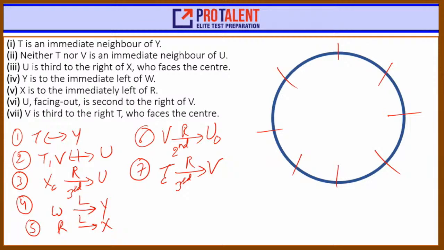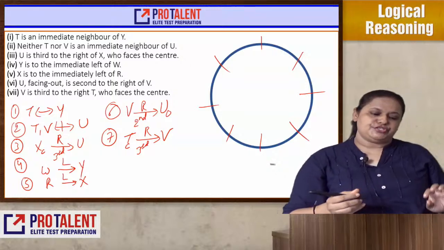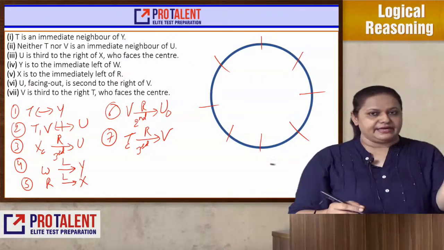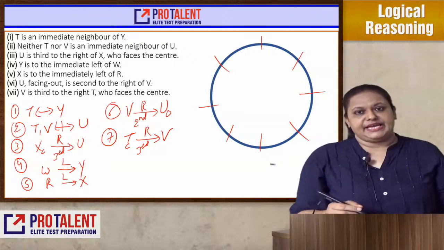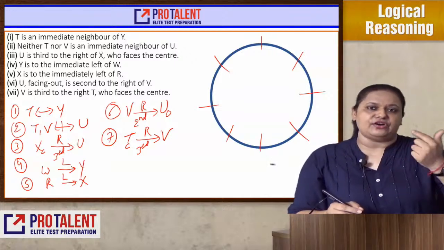Let's start with T, because that is facing the center. Here we should start with a point which gives me another clue with respect to that. Second thing, I should know the exact direction, whether it is facing inside or outside.